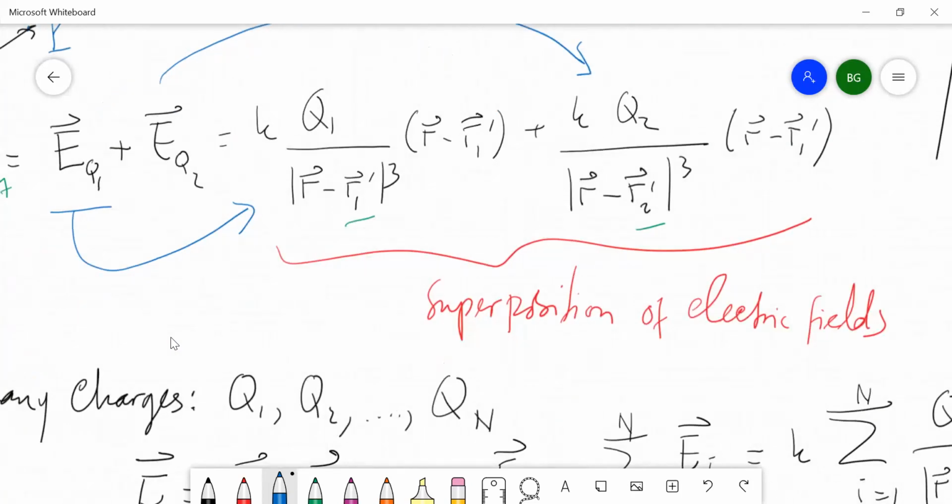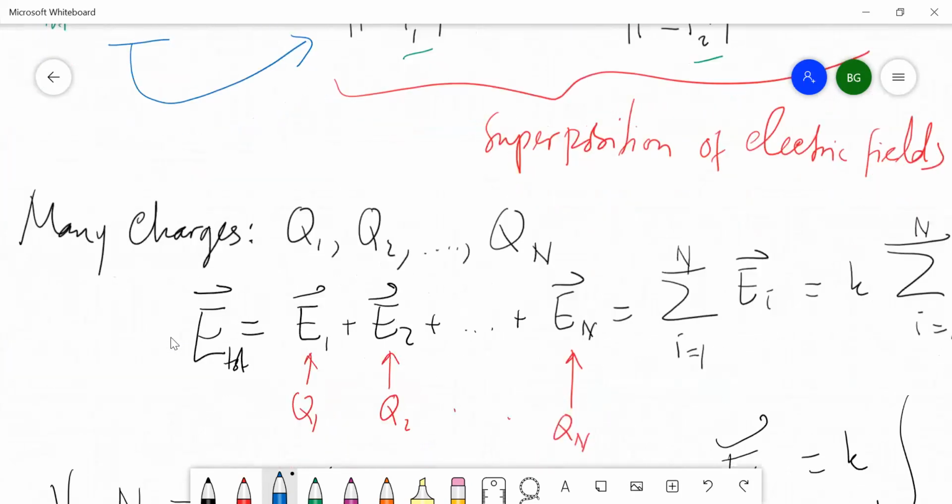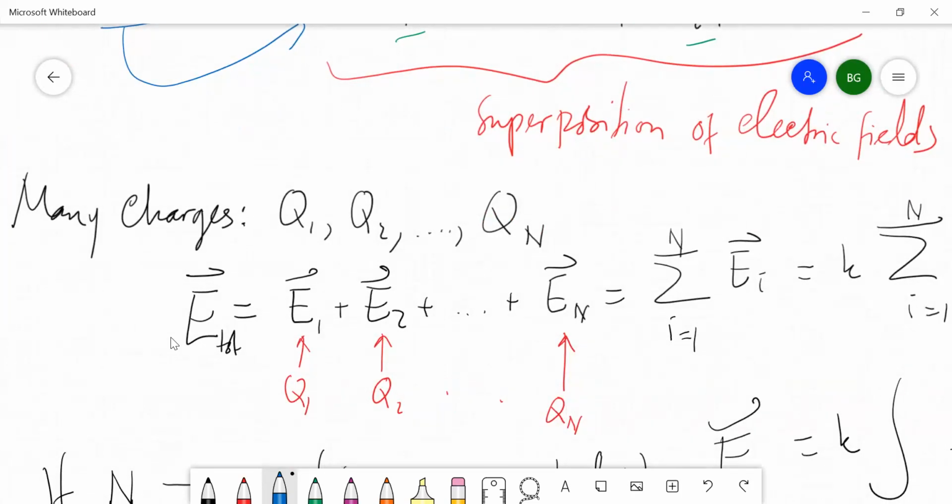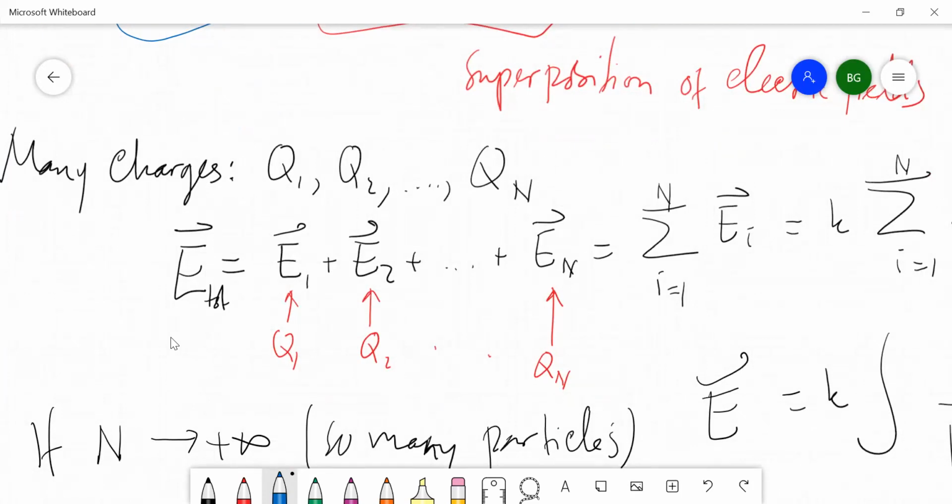If we continue, there are many charges, Q1, Q2 until capital QN. You just sum this electric field E1 caused by Q1, E2 caused by Q2, and En caused by Qn.